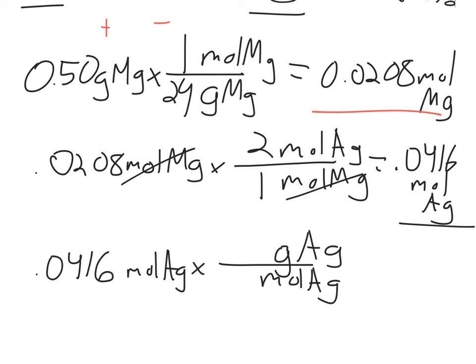The periodic table will tell me for silver that 1 mole, I believe, is 107. Let me look at my periodic table here. Yep, 107.8. I'll actually round that to 108. And if we put that into our calculator, I get 4.49 grams of silver.